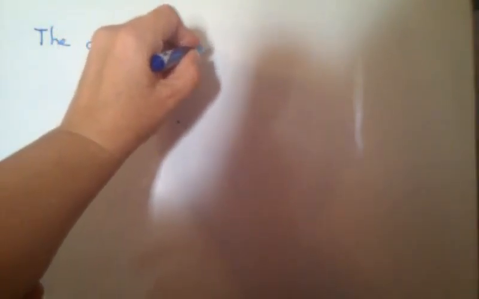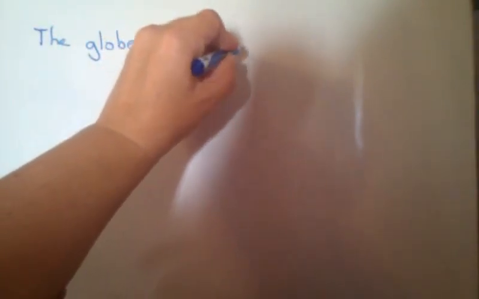Okay? So I have a sentence. Here's my sentence. The globe represents the spherical shape of the earth.